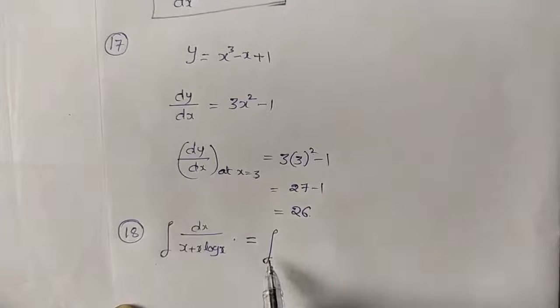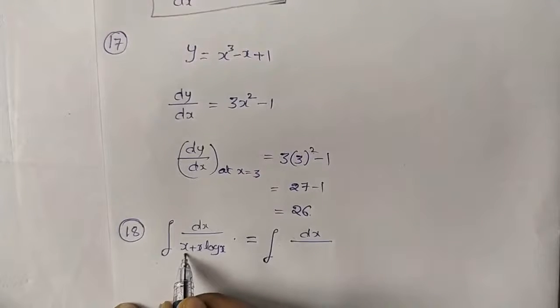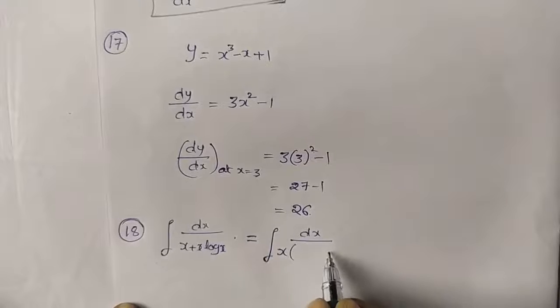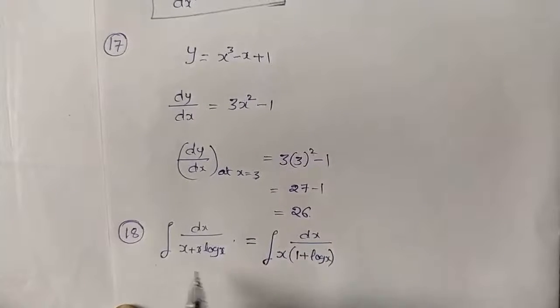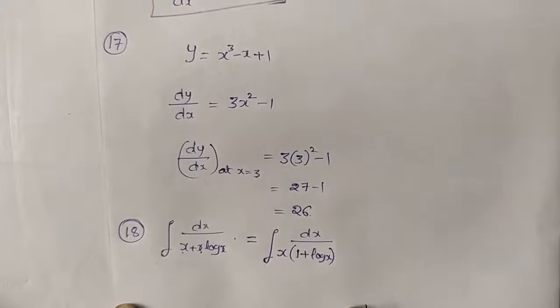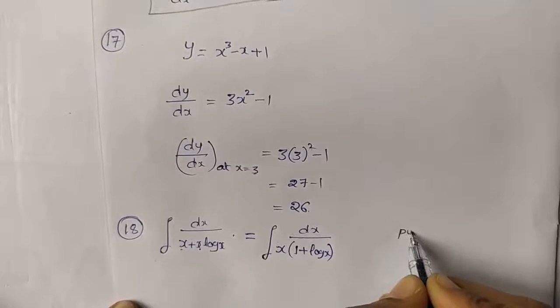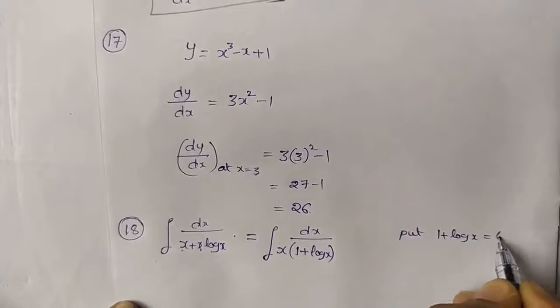That is equal to integration of dx divided by, in the denominator x is there, you just take it outside, then we will get x into 1 plus log x. Now put 1 plus log x equals t.